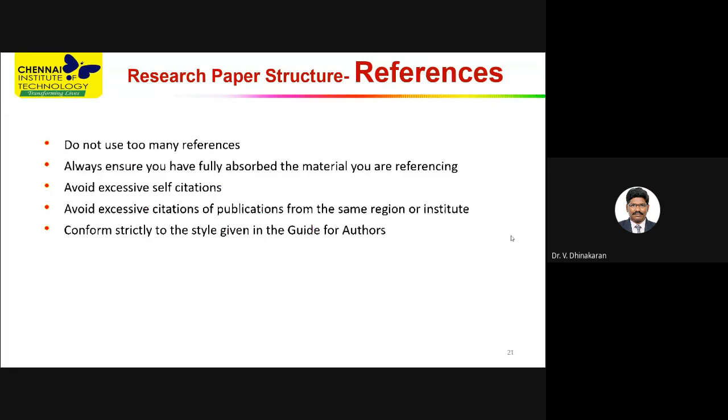You should also avoid excessive self-citation. Certainly some of your papers might be very useful to support the particular research work, and at that time you can cite them. But minimum, you can go for 3 to 5 of your own citations, only if they are highly supportive of your research work.